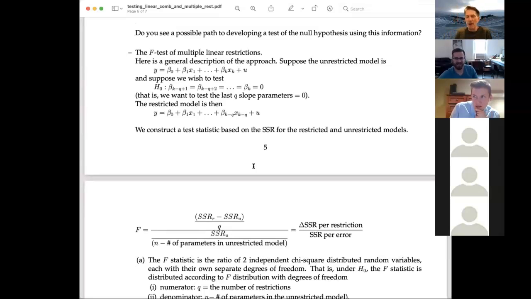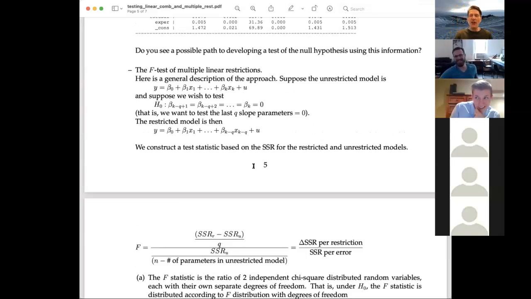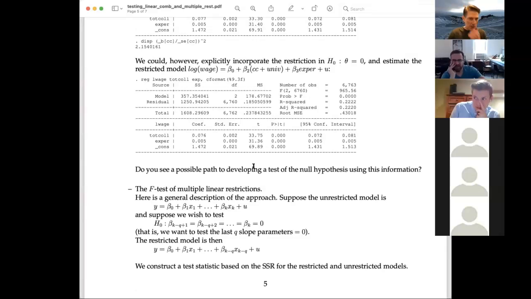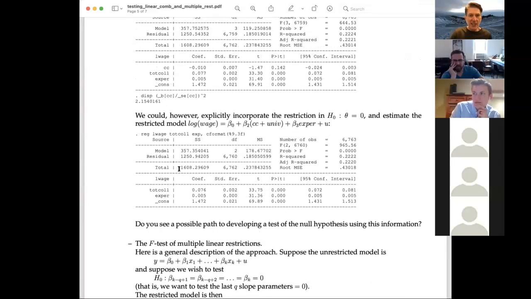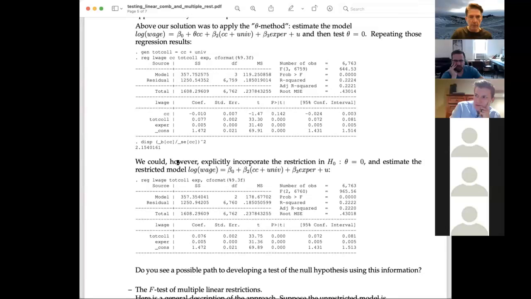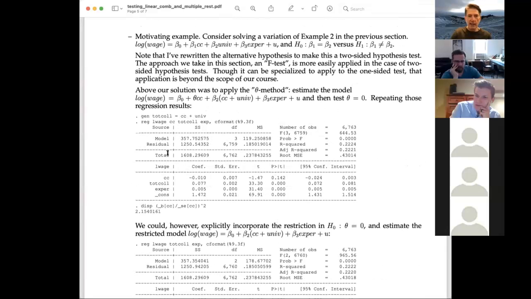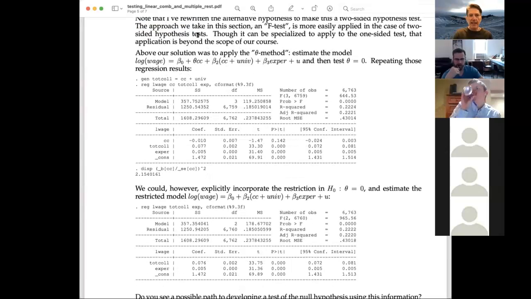What do you want me to do about it? Right. So no, I mean, one of the reasons I started you here, right? I said, oh, here's our motivating example. Let's go back and look at this. Here's the unrestricted model, right?